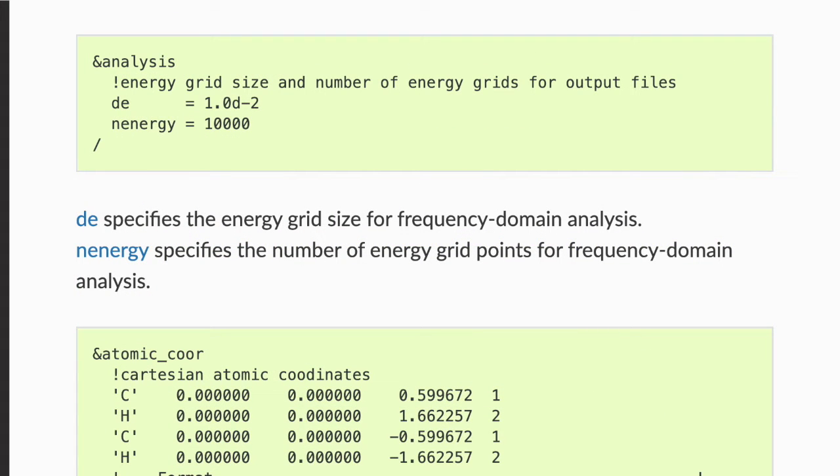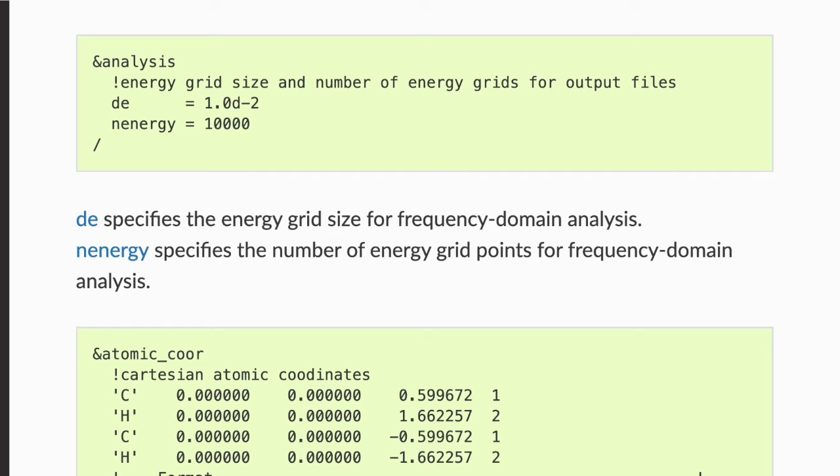The namelist analysis specifies the information required to convert the dipole moment expressed as a function of time into a function of frequency using Fourier transform. dE is the energy interval, which is 0.01 eV here. nenergy is the number of energy points for which Fourier transformation is performed.